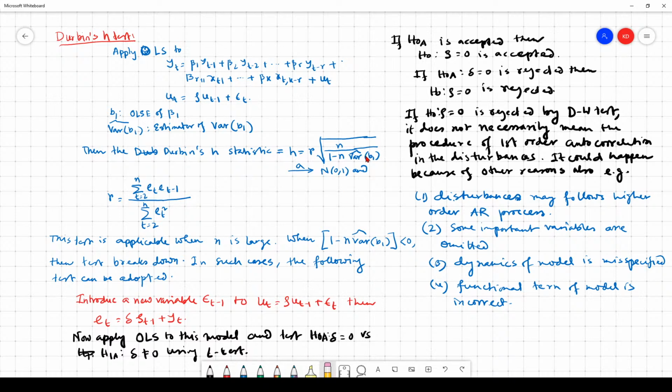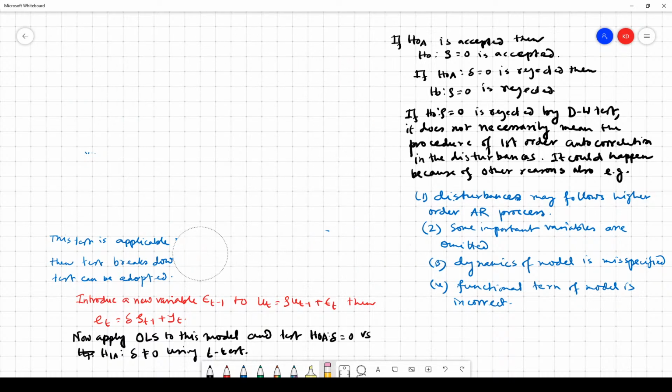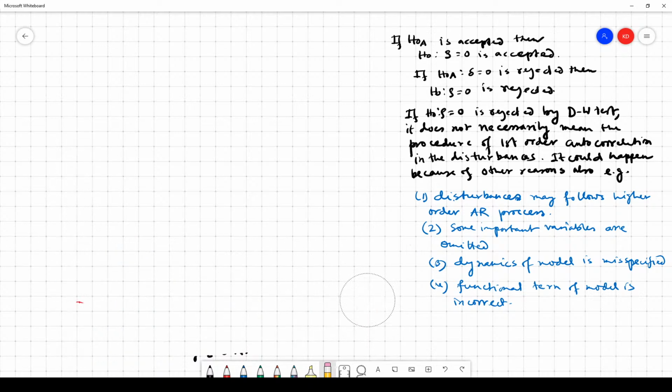Now consider the estimation procedure with autocorrelated error, where the autocorrelation coefficient is known.